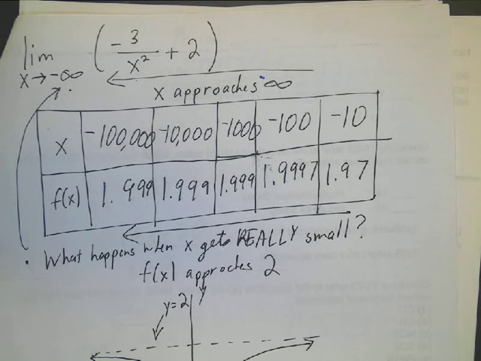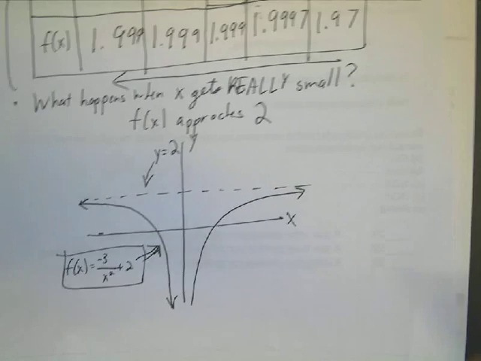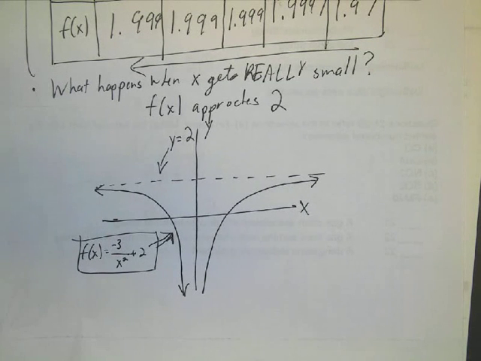So that's why this function, when you get bigger and bigger, actually approaches 2. If we look at a graph of what this function looks like, we will see a picture that looks like this. As you shoot off that way and this way, we see this function get closer and closer to the line y equals 2.